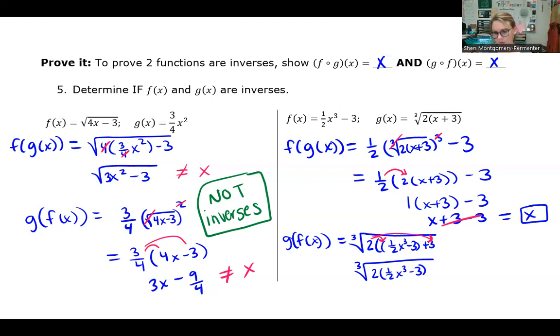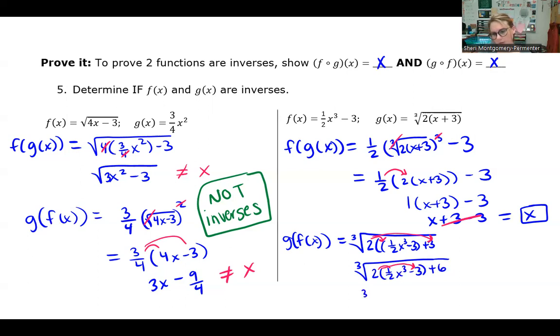What's 2 times 3? Okay, I've got to keep multiplying in that 2. So I've got 2 times 1/2 and then 2 times -3. So what is half of 2 again?